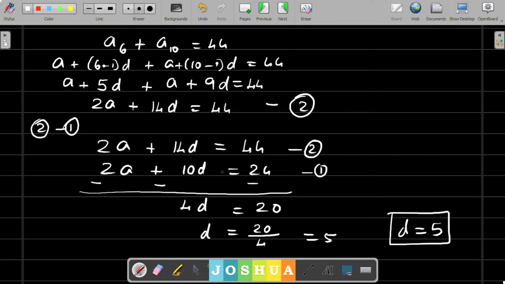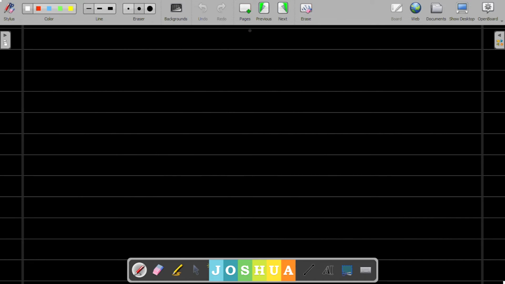Now I am going to substitute d equal to 5 in any one of the equations. Maybe I go for equation 1. What is equation 1? 2a plus 10d equal to 24.